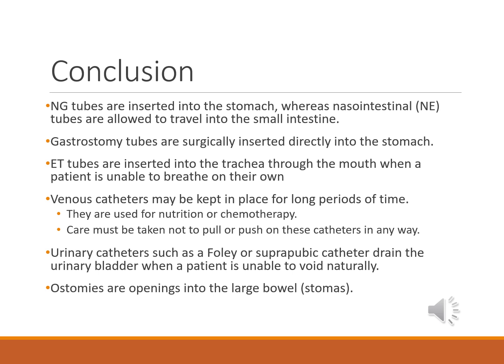Venous catheters may be kept in place for long periods of time to deliver nutrition, chemotherapy, as well as medications. Radiographers must learn the different types of tubes and their location in order to provide quality radiographic images when verifying the location of these lines.